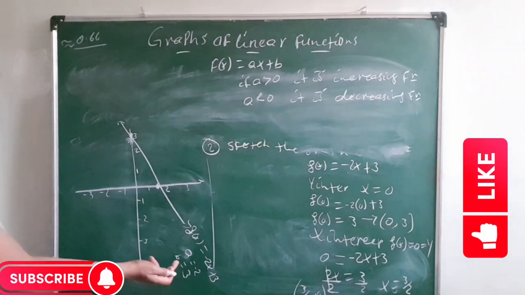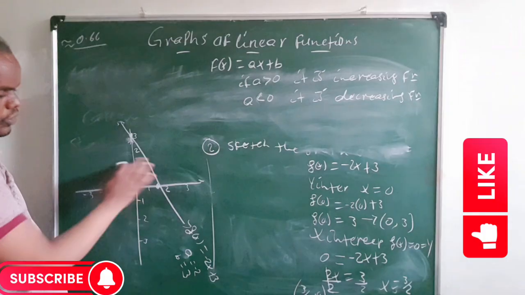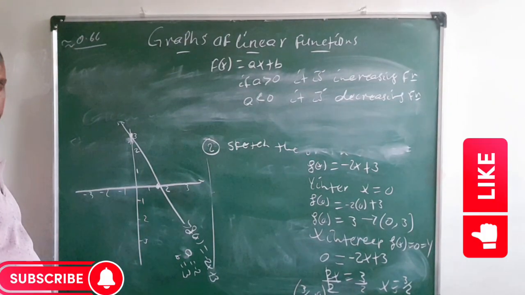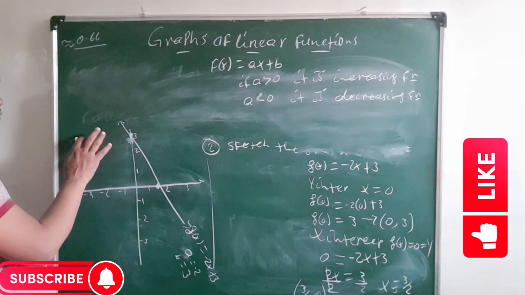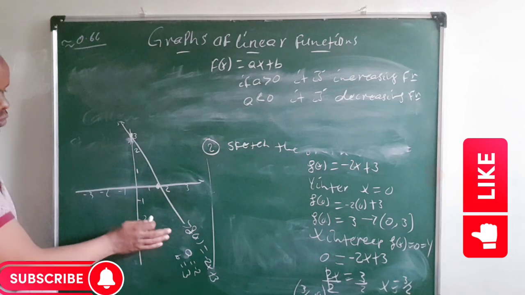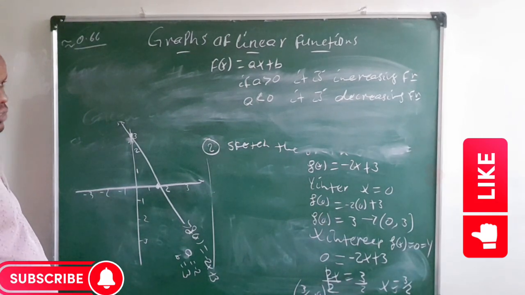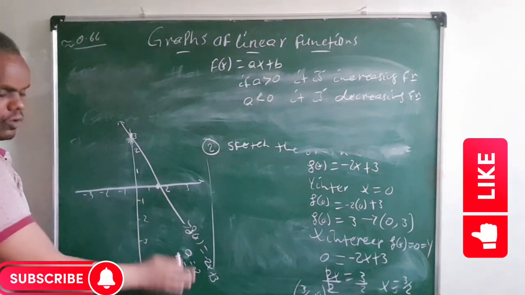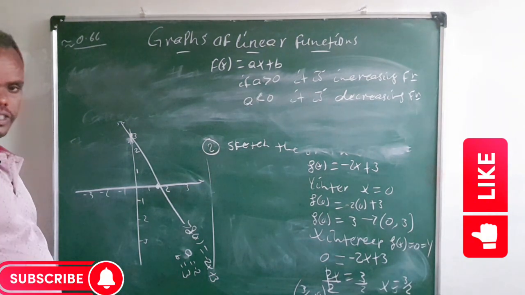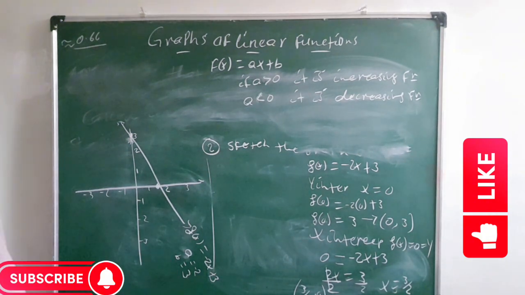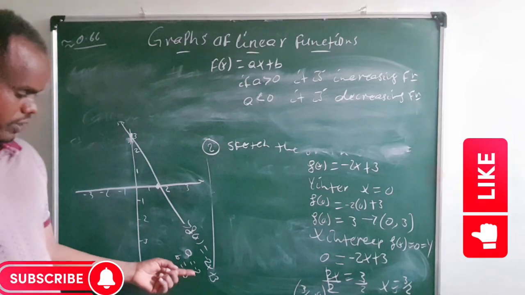Here a = -2, so this function is a decreasing function, and it passes from the second quadrant to the fourth quadrant. This function is decreasing because a is less than 0.